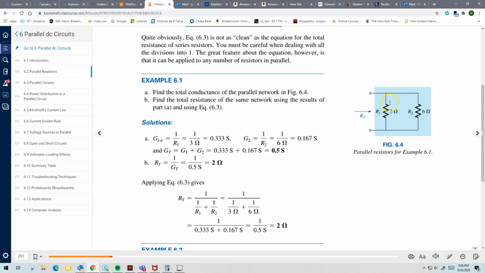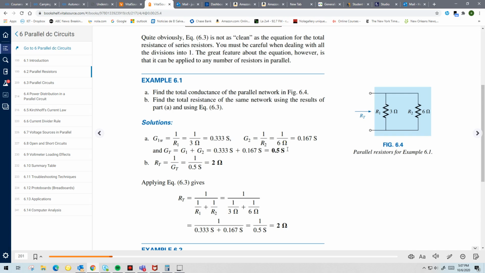So the conductance for this resistance is 1 over R1, or 0.333 Siemens. The conductance for this resistance is 1 over R2, or 0.167 Siemens. So the total conductance for this parallel connected resistance will be G1 plus G2, or 0.5 Siemens.